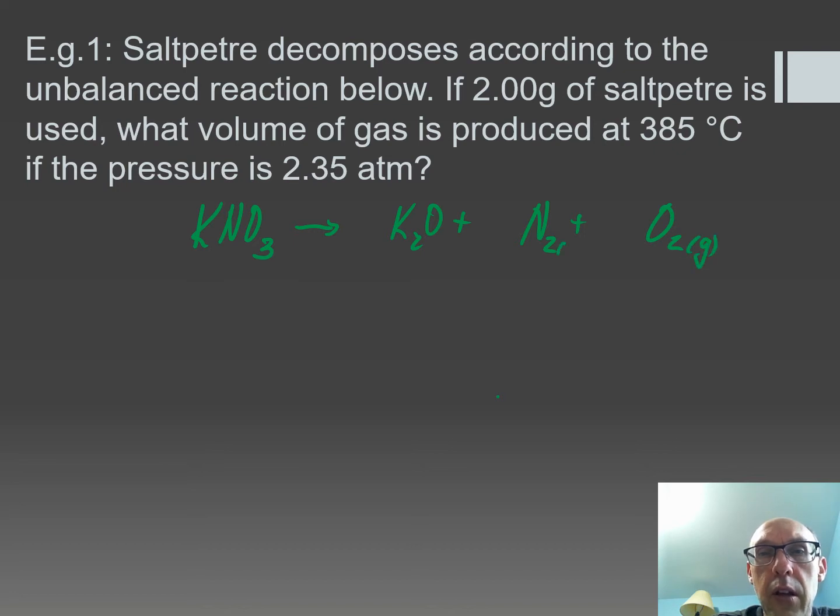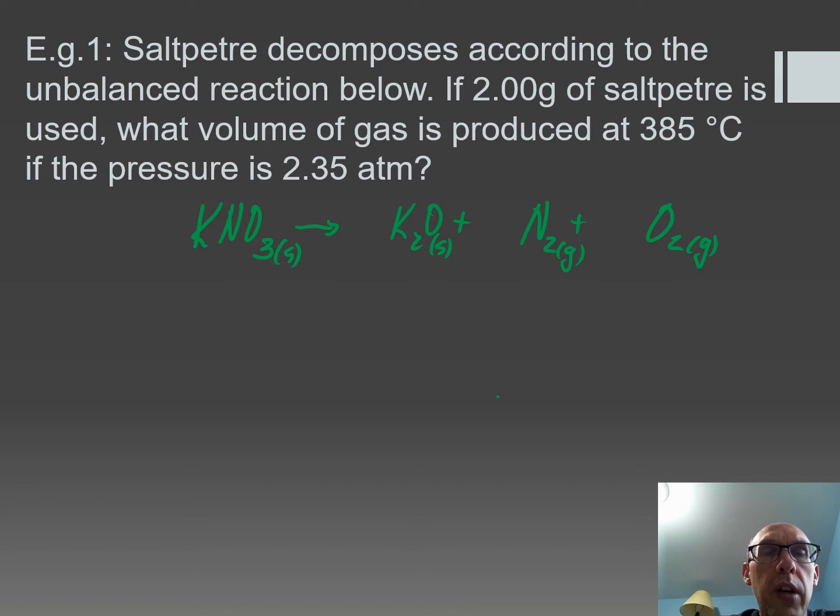That's a gas, that's a gas, that's a solid because it's ionic, and that's a solid because it's ionic. Saltpeter decomposes according to this reaction. If I happen to have a 2 gram sample of saltpeter, what volume of gas is going to be produced at 385 degrees Celsius and a pressure of 2.35 atmospheres.